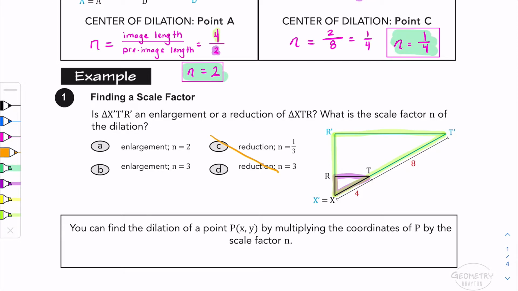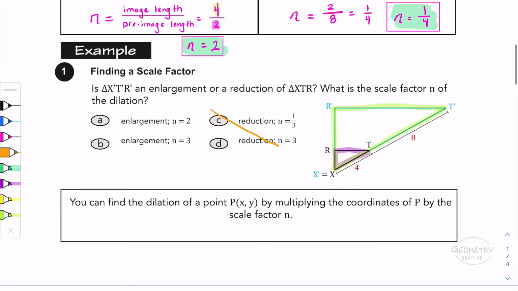We can get rid of C and D. Those both represent reductions. And in order to find the scale factor, you set up a ratio of the side length of the image divided by the side length of the pre-image. Just be careful because the numbers that are given to you are 8 and 4, but the length of this green triangle is that total length, which is 12.